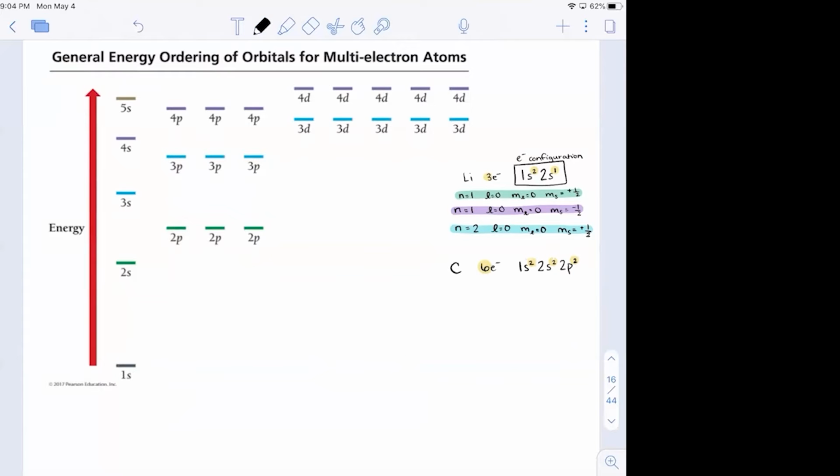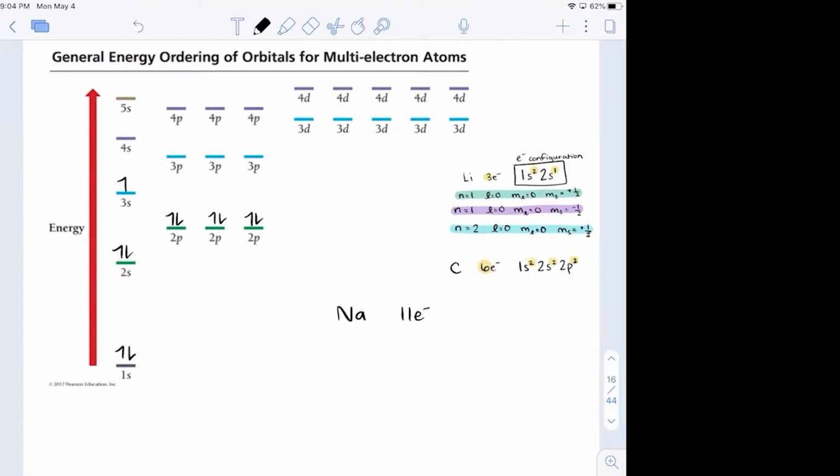Let's get a little bit bigger. Let's go to sodium. Sodium on the periodic table has 11 electrons. Start at the bottom, work our way up. 1, 2, 3, 4, 5, 6, 7, 8, 9, 10, 11. Notice how I completed the 2p orbitals after I put 1 in each.